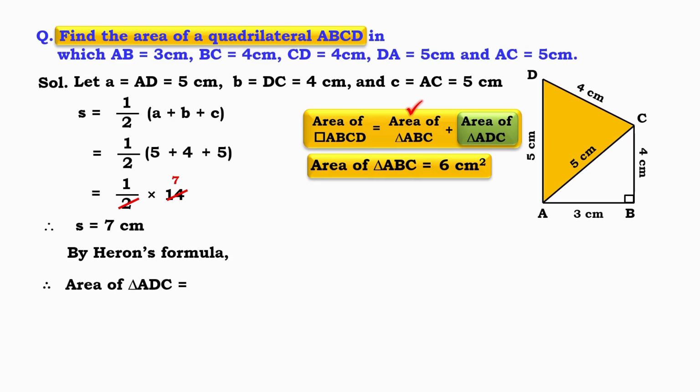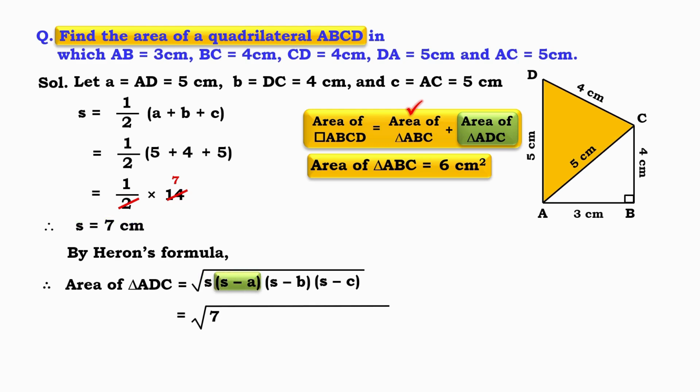Now apply Heron's formula, that is square root of s into s minus a into s minus b into s minus c. So now s is 7, s minus a is 7 minus 5, s minus b is 7 minus 4, and s minus c is 7 minus 5.